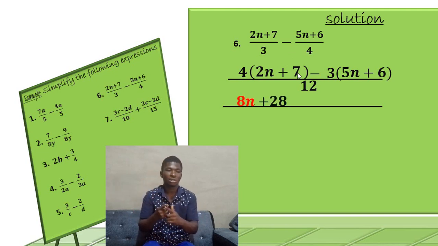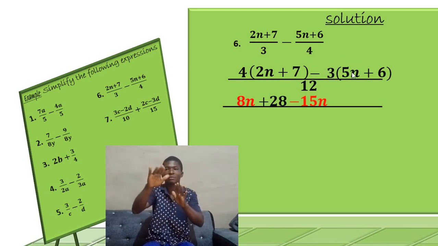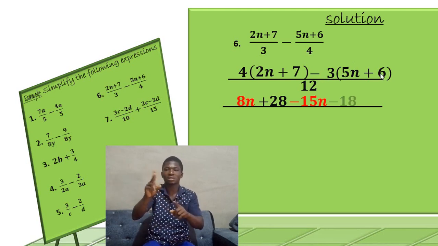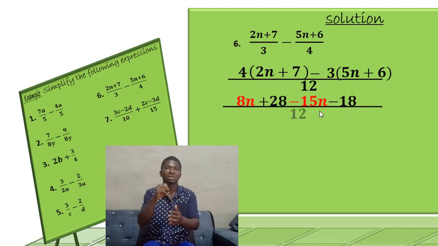Then I move to the side. Here is minus 3 multiplying 5n. Minus 3 multiplying 5n, that is minus 15n. Minus 3 multiplying plus 6, that is minus 18. So when that is done, you bring down this 12 down here. At the numerator side, let's collect like terms.